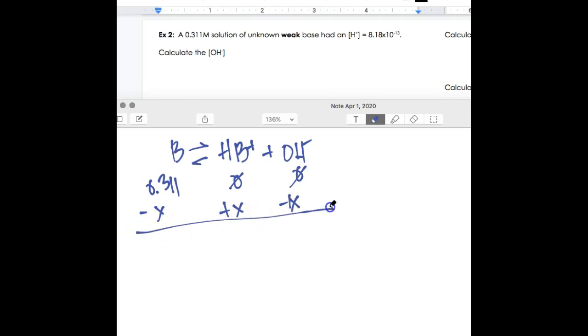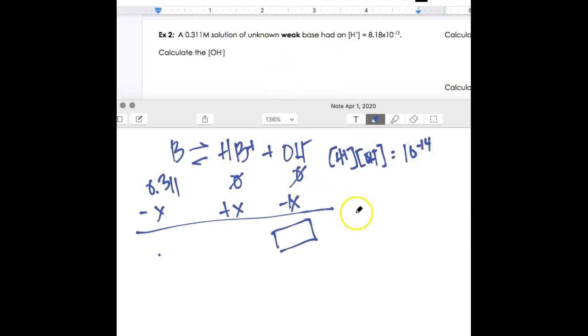And usually we're given one of these numbers down here. We're given H+, but we're not given OH, so you have to think, how do I convert this into OH concentration so that we can put it right here? You guys learned already that you can interconvert between H+ and OH using the auto-ionization equation.